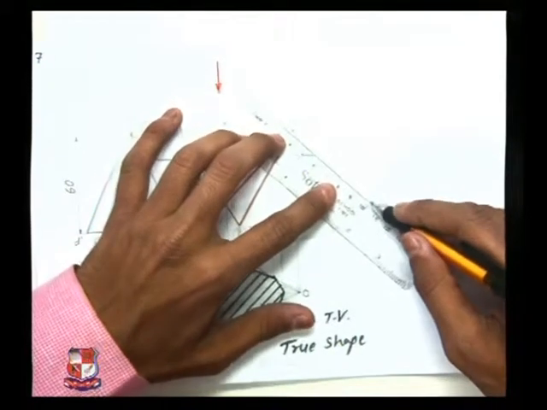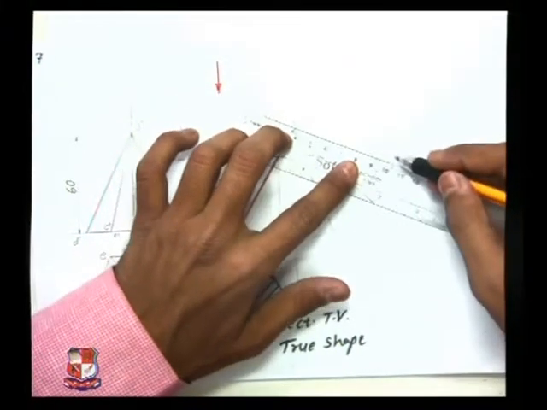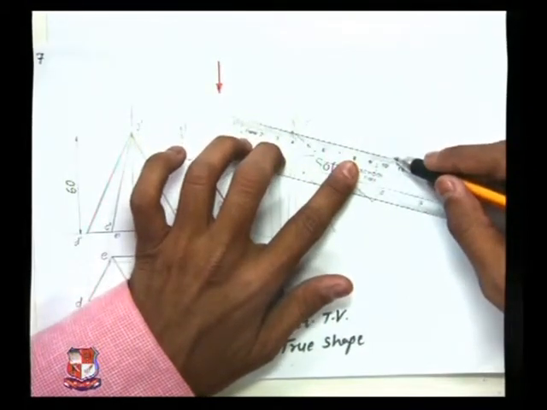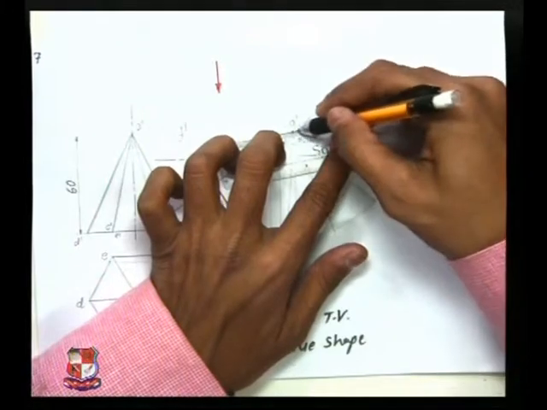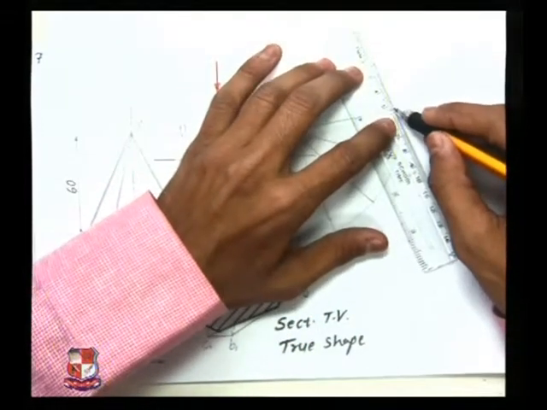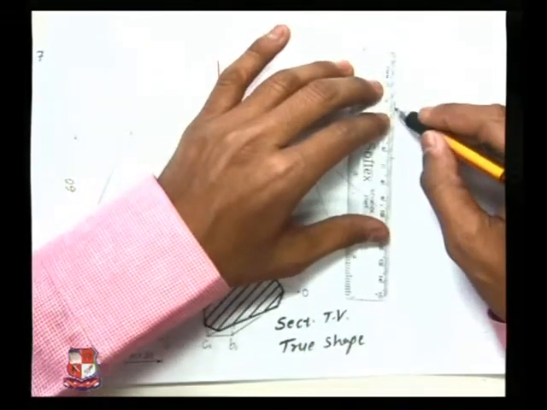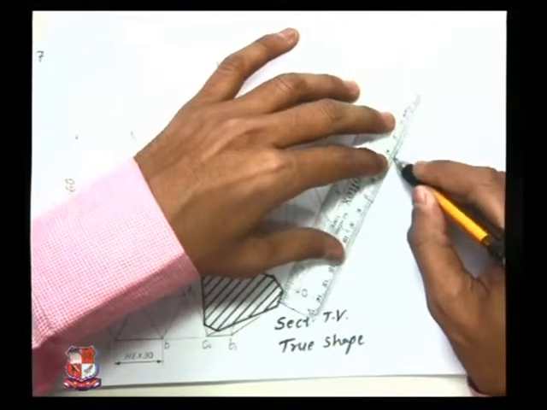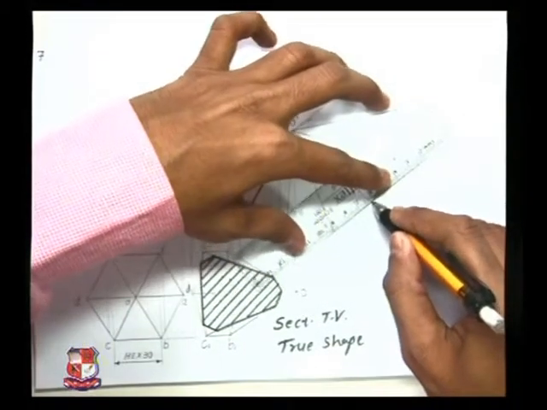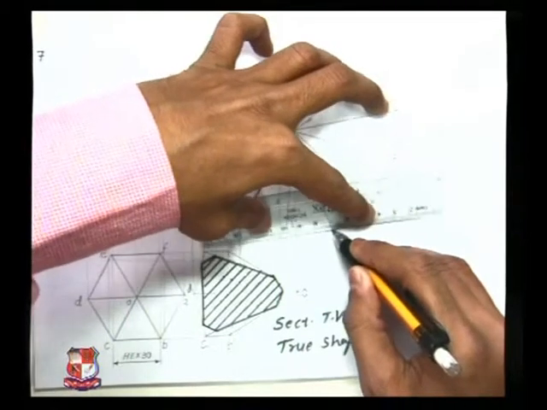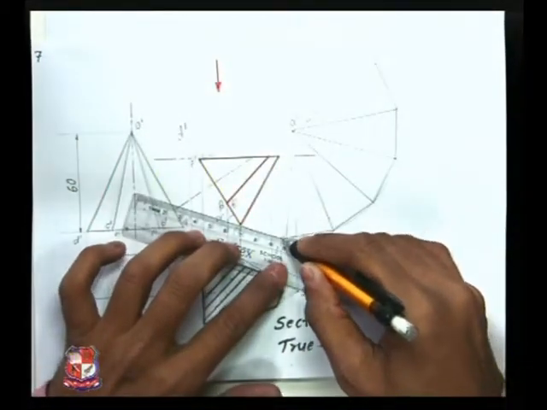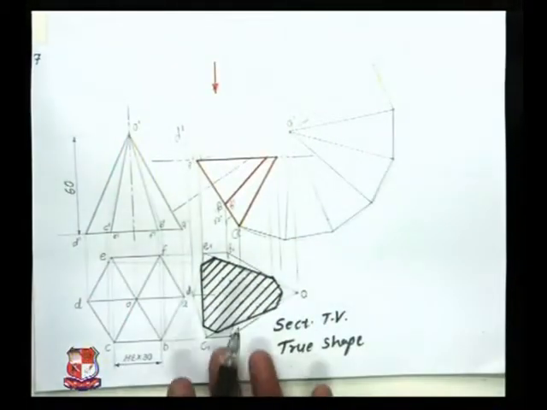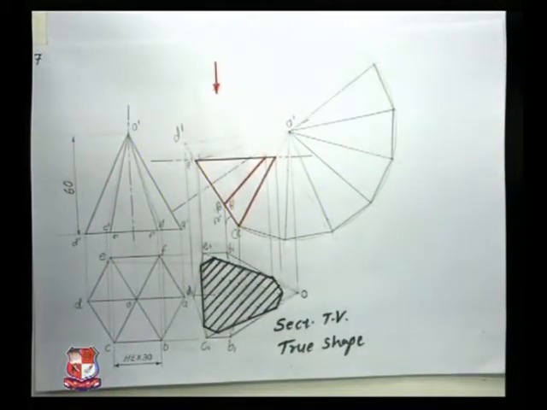If it's a full hexagonal pyramid, these 6 triangles show its development, and the dimensions of all these 6 triangles would be equal, side length equal, that is 30 millimeter, and the length of the slant edge would be equal to the length of the slant edge of the given solid.